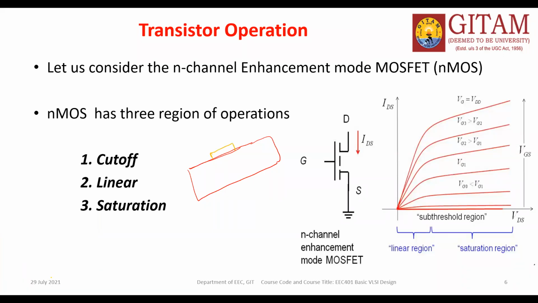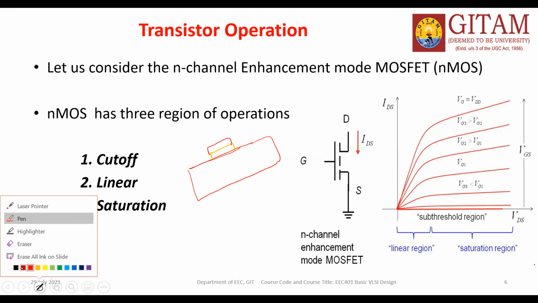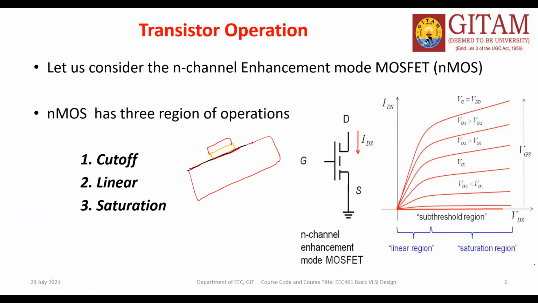Here we have an oxide. On top of it, we have a polysilicon. This is the body. We have a source and a drain, N plus, N plus. We have to use the metal lines over there.